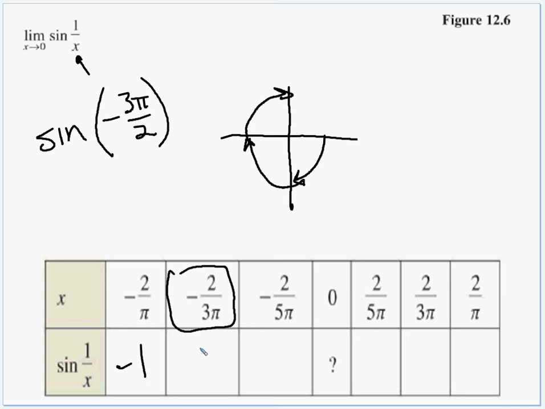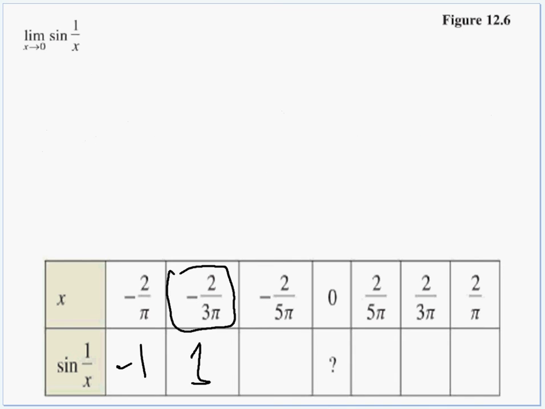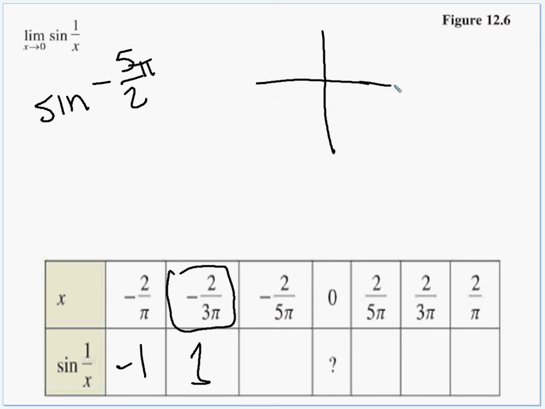That y value, that sine value is positive 1. Negative 5 halves pi goes in. Same thing, that's going to come up and flip. So this is the sine of negative 5 halves pi, or negative 2.5 pi. So if I'm starting here, here's negative 2 pi, here's negative 2.5. So we're back down to negative 1.